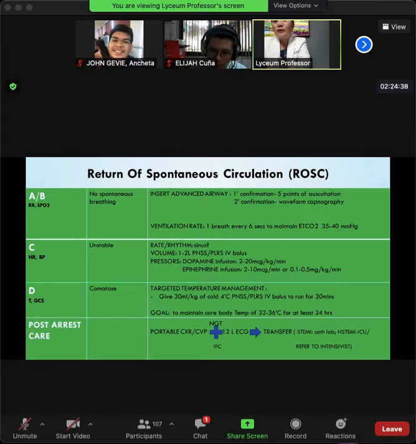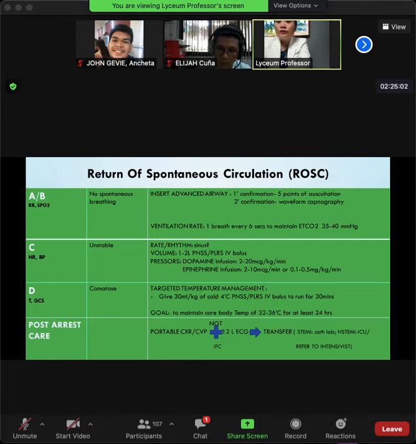If the patient is comatose, then you do your targeted temperature management. You can give 30 ml per kilogram of cold, 4 degrees, plain NSS or plain RS, IV bolus to run for 30 minutes. Okay, again, you cannot give this one if your patient has CHF or tamponade or crackles.